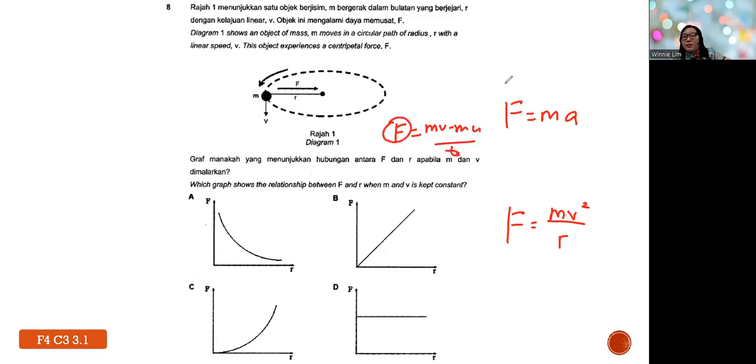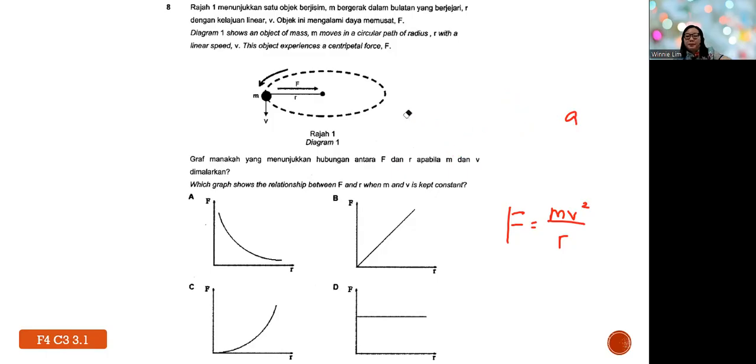So this is impulsive force, this is net force, and this is centripetal force. You also have the universal force, F equals GMm over r squared. That's why you must really know the names, because they only give you the symbol, not the full terms. Okay, so now I tell you the centripetal force is this.